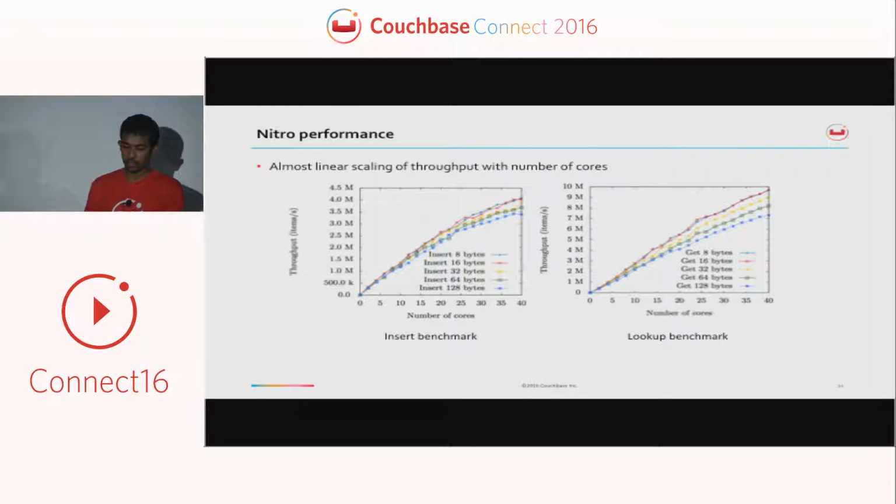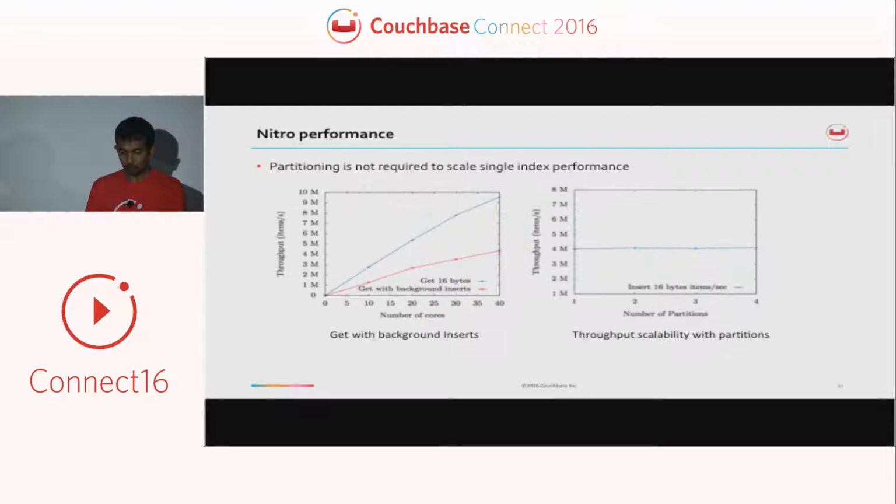As you can see, the scaling is almost linear. The x-axis is the number of cores, and we ran this test up to 40 cores, and we saw a maximum standalone benchmark throughput of 4 million writes per second, and lookup throughput of 10 million lookups per second.